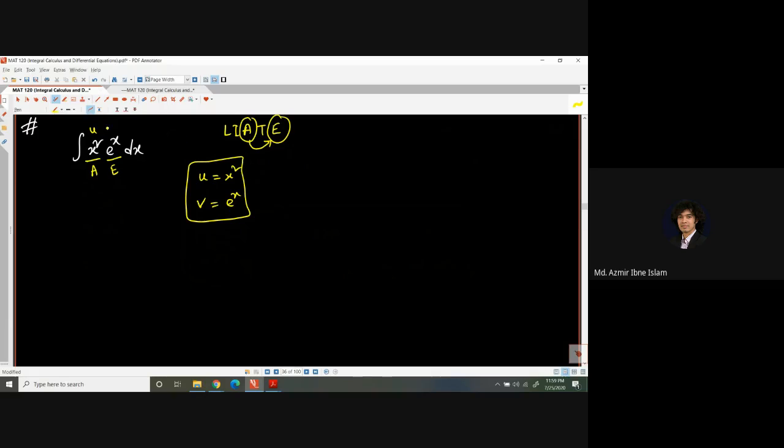So again, using the integration by parts method, we can write u integration of v, negative differentiation of u, integration of v, and integration under this part.